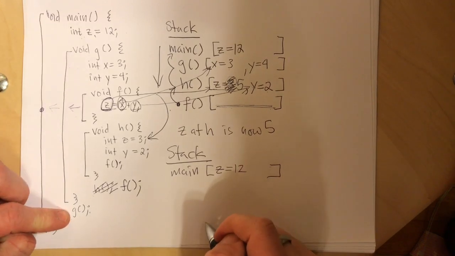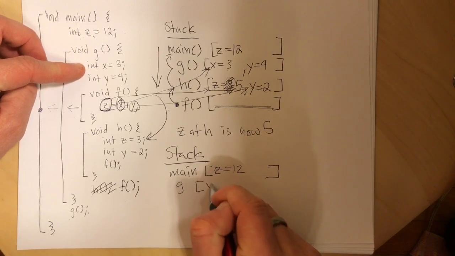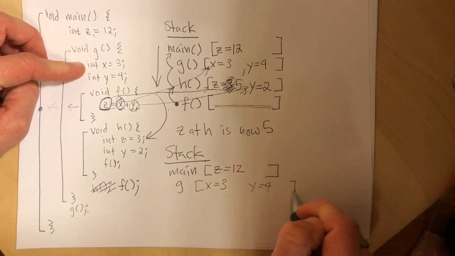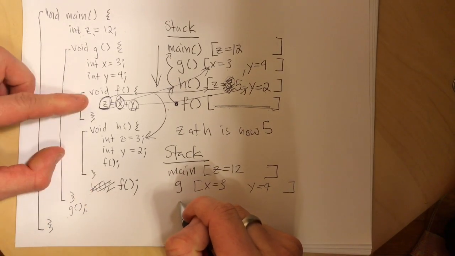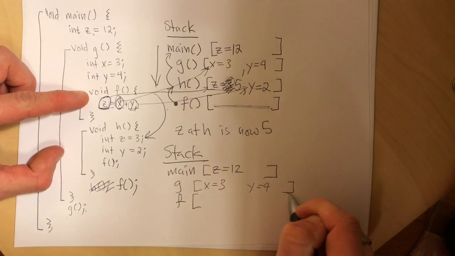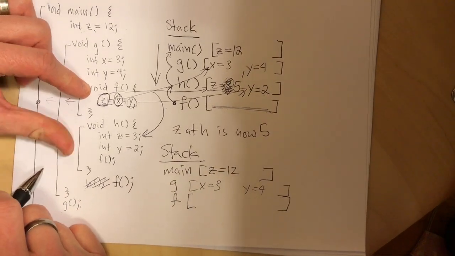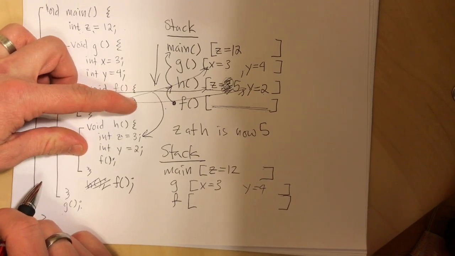Then the next thing I do is call G. So I push G onto the stack and I create X equal to 3 and Y equal to 4. And the next thing that I do is call F, which means that I push F onto the stack. And now I'm sitting here at void F, and I'm asking the question, what does Z mean, what does X mean, and what does Y mean?